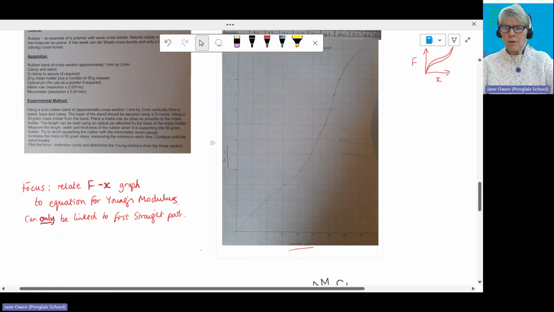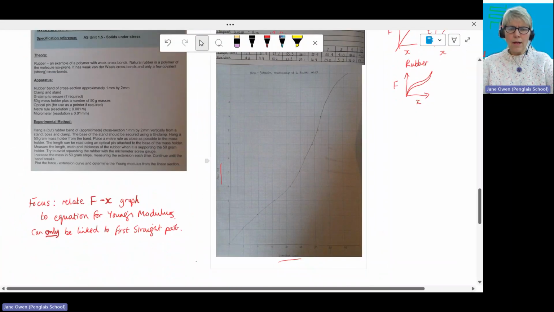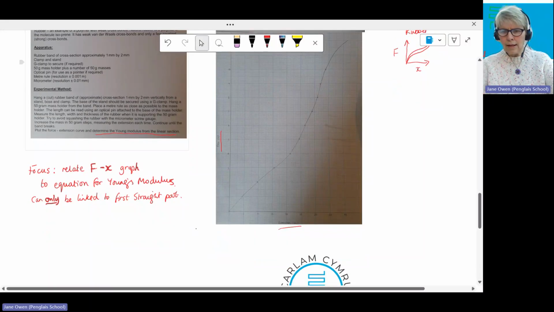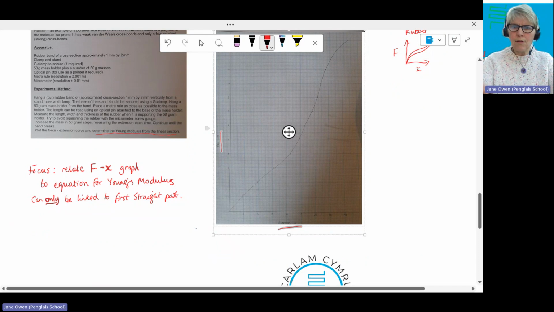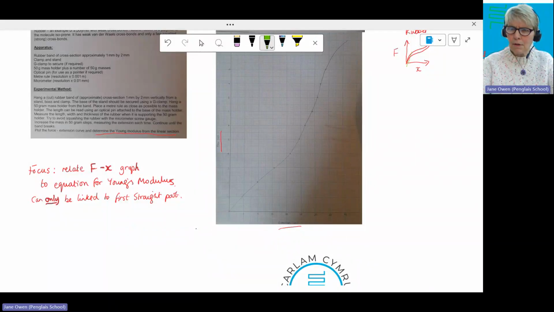So this is one that this candidate has produced, this graph, and it asks to determine the Young's modulus from the linear section. Now, to me, the linear section would be the first part. Now, if we relate it to this graph here first, it'll be this part here, on loading.